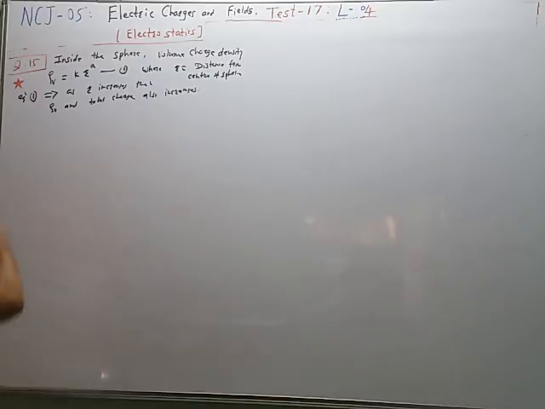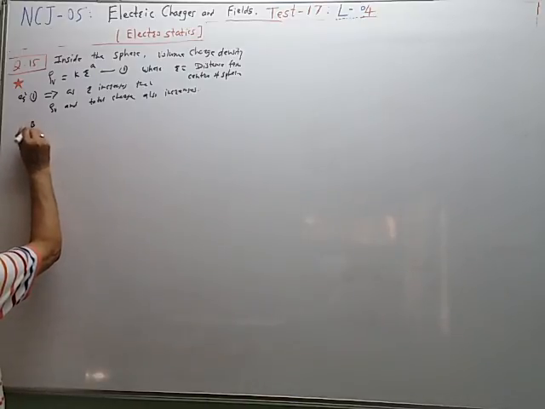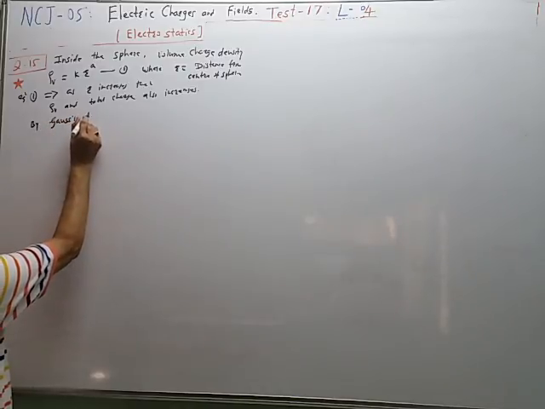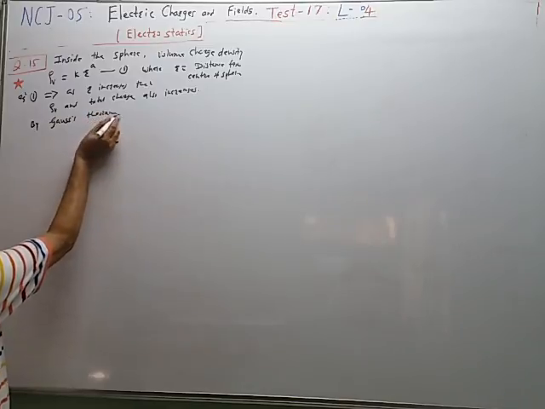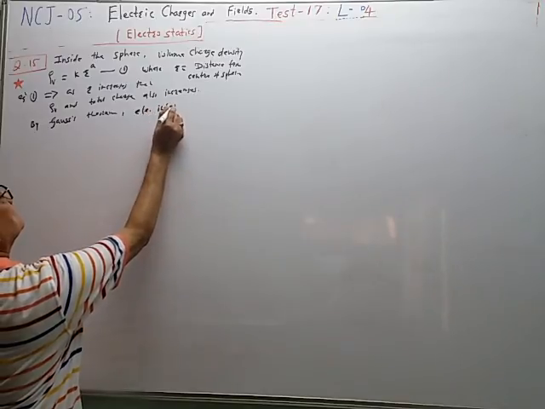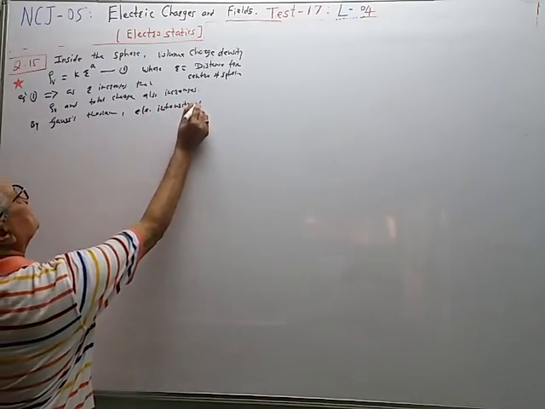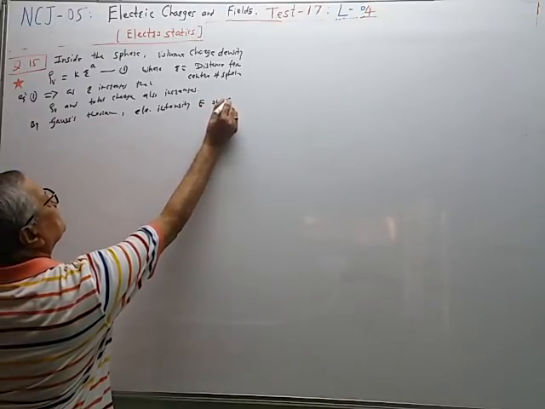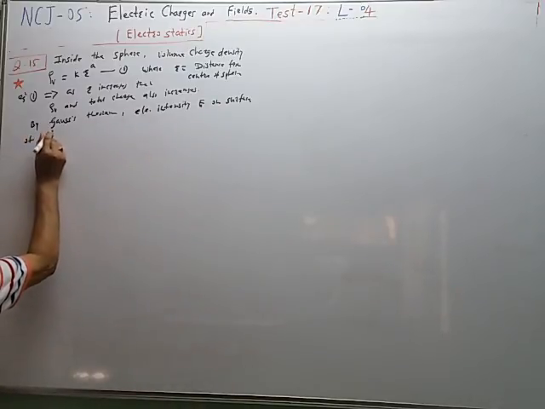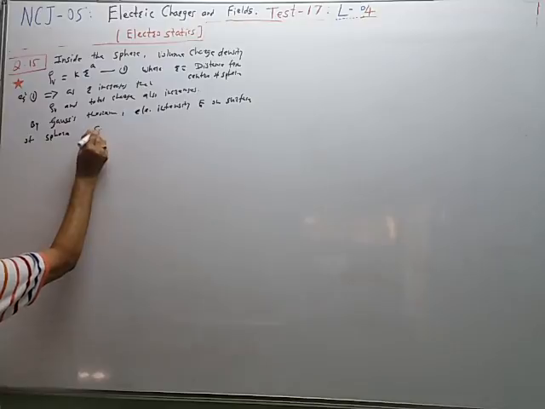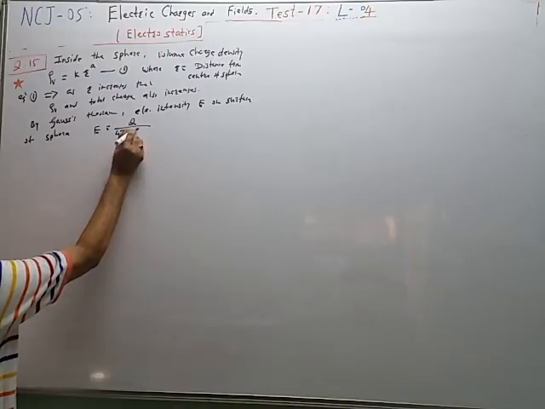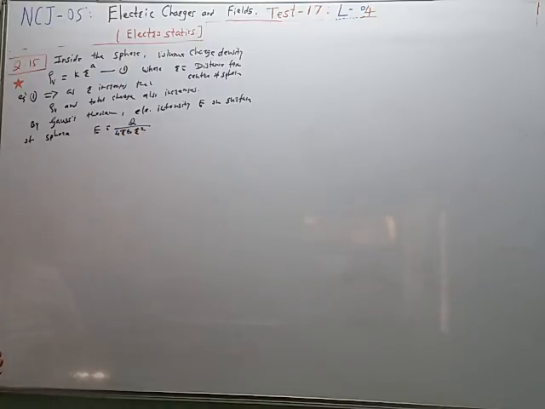So, by Gauss's theorem, electric intensity E on the surface of the sphere is E equal to Q upon 4 pi epsilon naught R square.